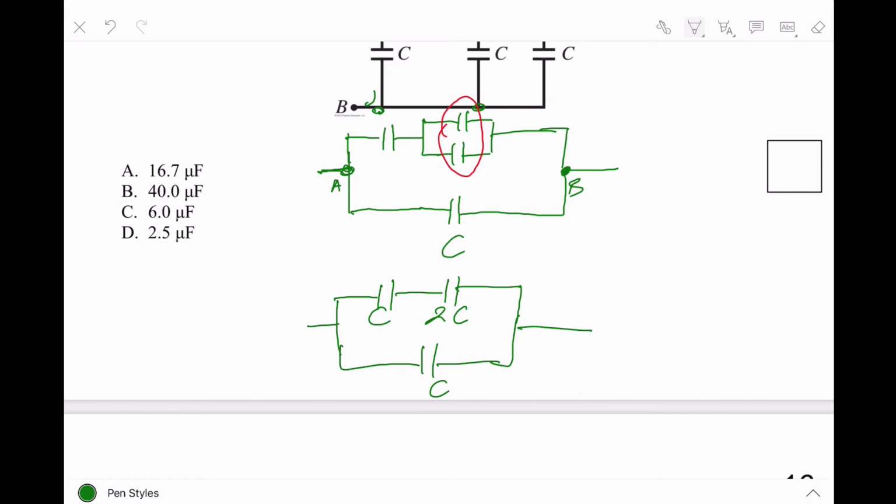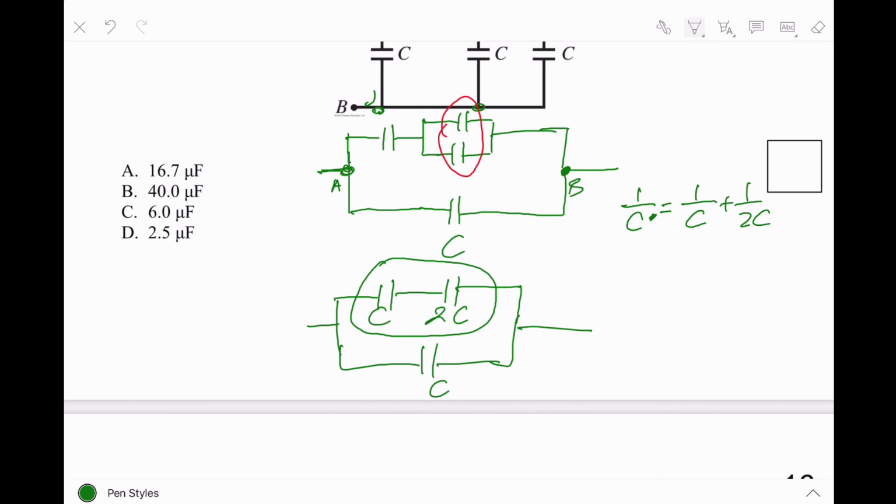Now, the upper branch here is series. So remember, this time is different. You add it reciprocally. The new, I use a C pi here, is equal to 1 over C plus 1 over 2C. All right.